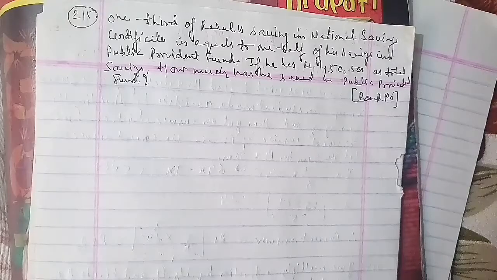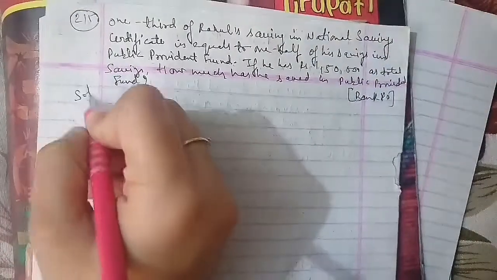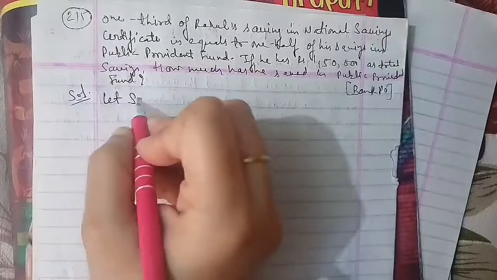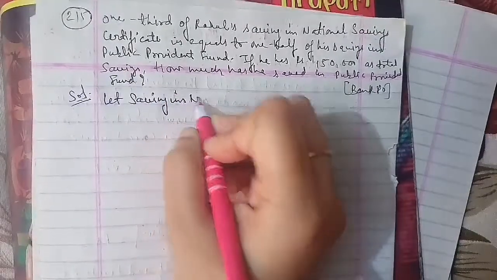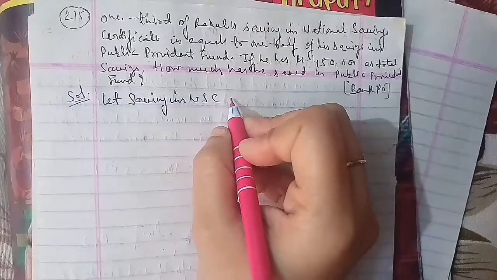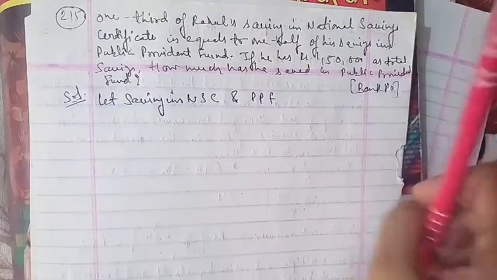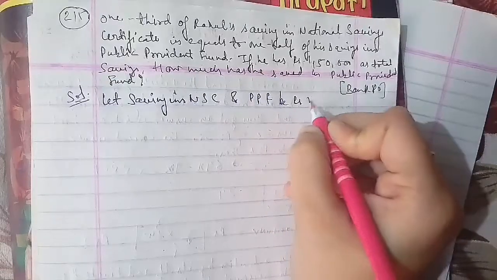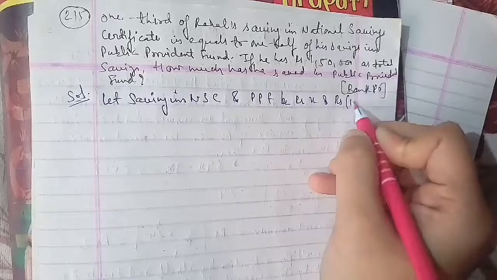So 1 by 3 x equals 1 by 2 of (1,50,000 minus x), that is x by 3 plus x by 2 equals 75,000. 5x upon 6 equals 75,000. x equals 75,000 multiplied by 6 whole upon 5, which equals 90,000.